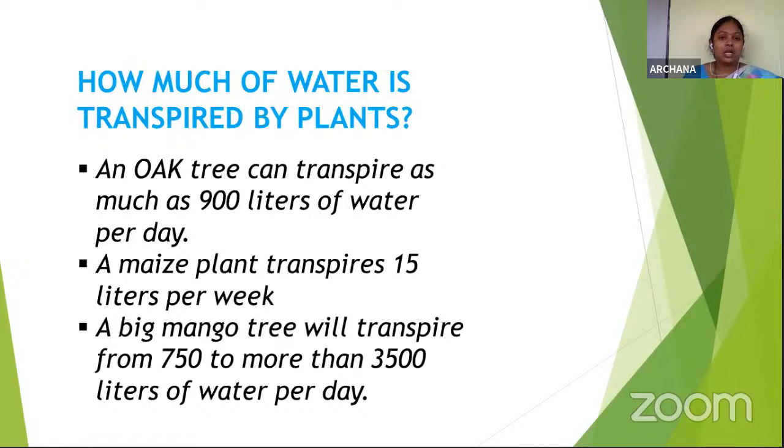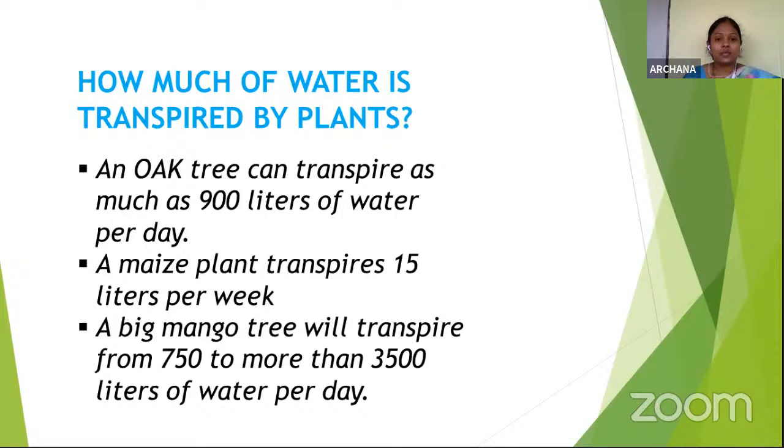Now, we know that plants do transpiration, but there is a variation in the amount of water the plants transpire. So how much water is transpired by plants? Here are a few examples where you can see how much water is transferred by different plants.